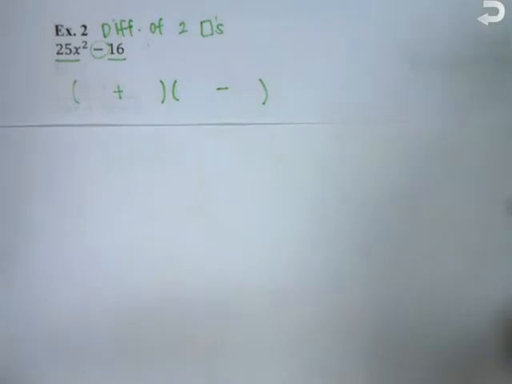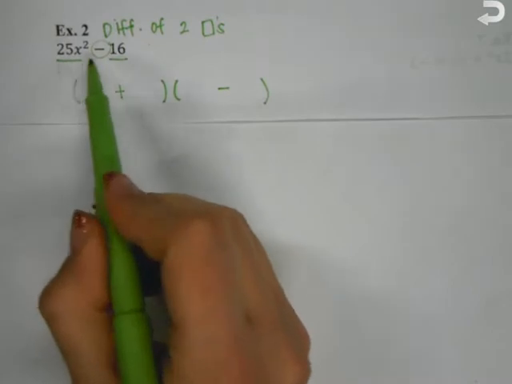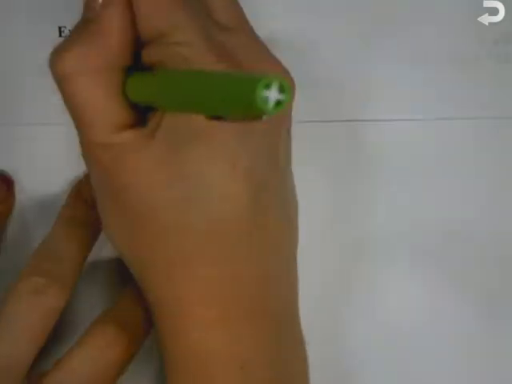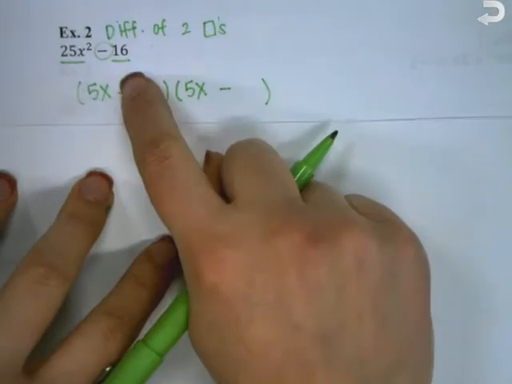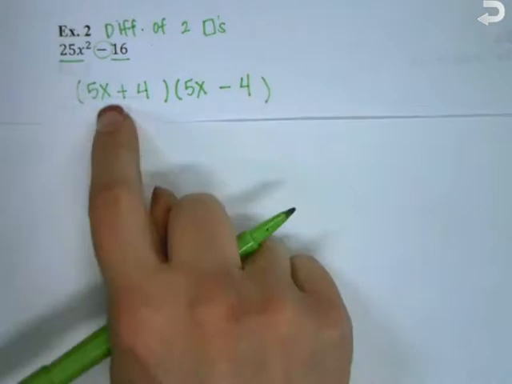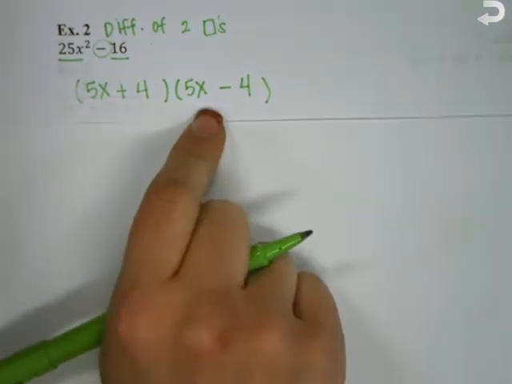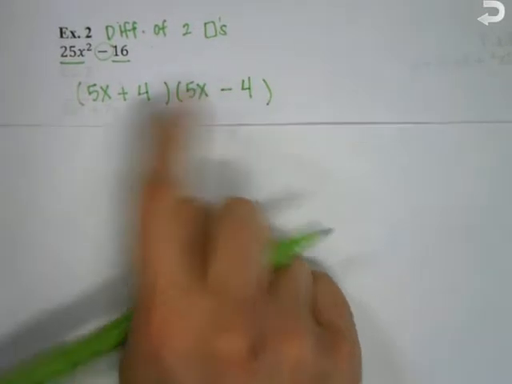And what comes first? What's the square root of 25x squared? 5x. Good. And what's the square root of 16? 4. Are these factored completely? Is there GCF in either one of them? No. So we are done. So that's your answer.